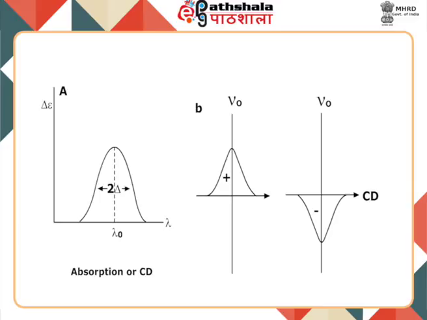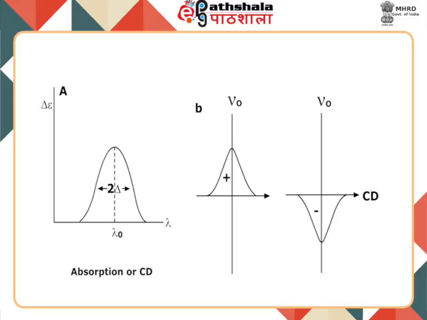CD spectrometers have an optical system much like UV visible spectrophotometers, with the addition of a crystal of ammonium phosphate mounted to allow imposition of a large electrostatic field on it. When the field is imposed, the crystal allows only circularly polarized light to pass through.